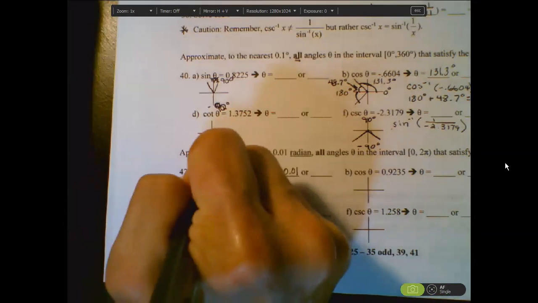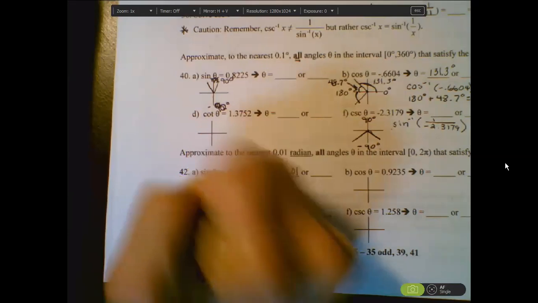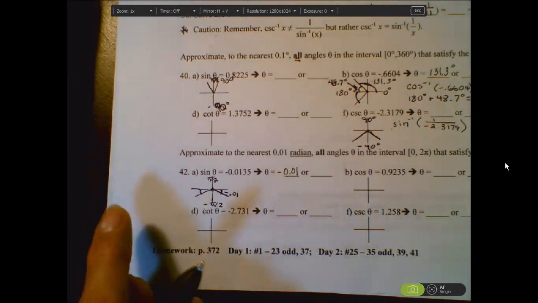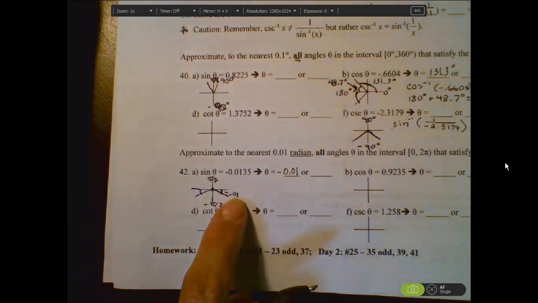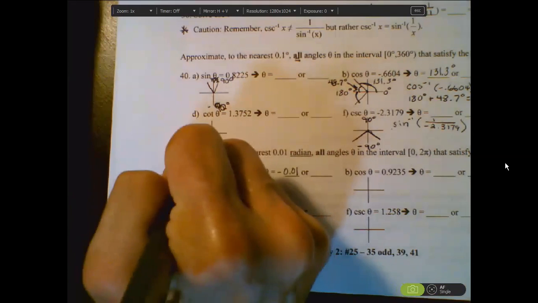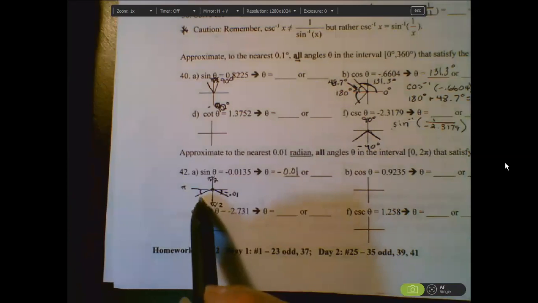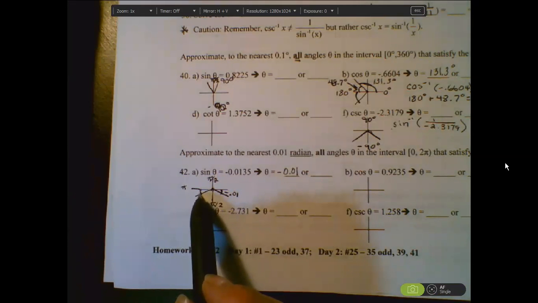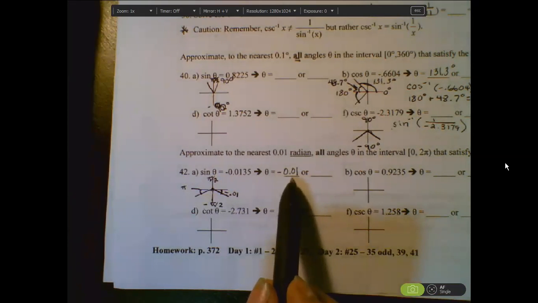How could I get that same distance below the negative x-axis? You could do pi minus the negative number. You can do pi minus -0.01, or I was thinking pi plus 0.01. That's the same thing. Whether you think of it as minus a negative or plus, you're just looking for an angle that's a little bit past pi radians by this much.